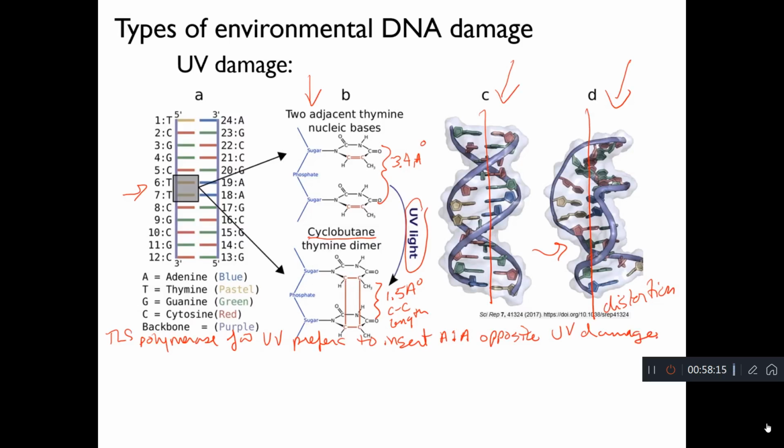And this can occur opposite either a pyrimidine dimer or a 6,4 photoproduct. And what's sort of cool about this is that if you consider what this would look like in the context of a thymine dimer, so you might have something like this in one strand, and then the other strand has A's opposite it.